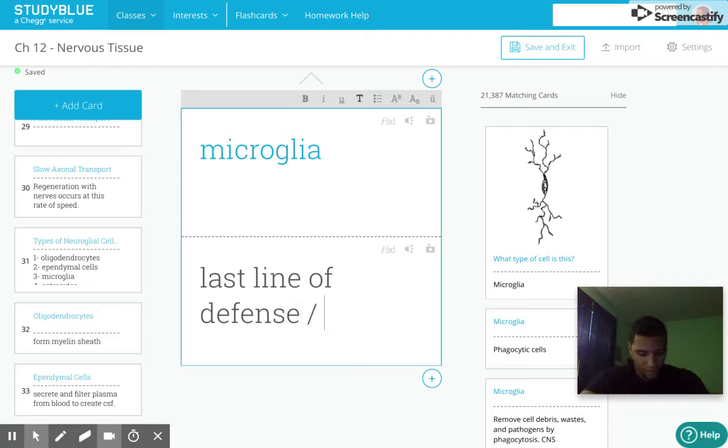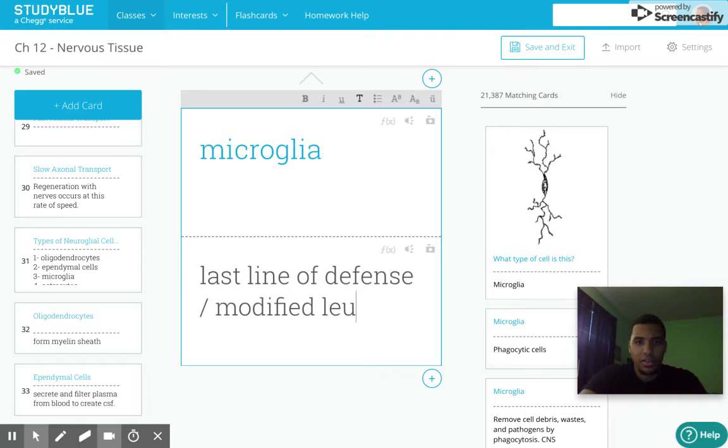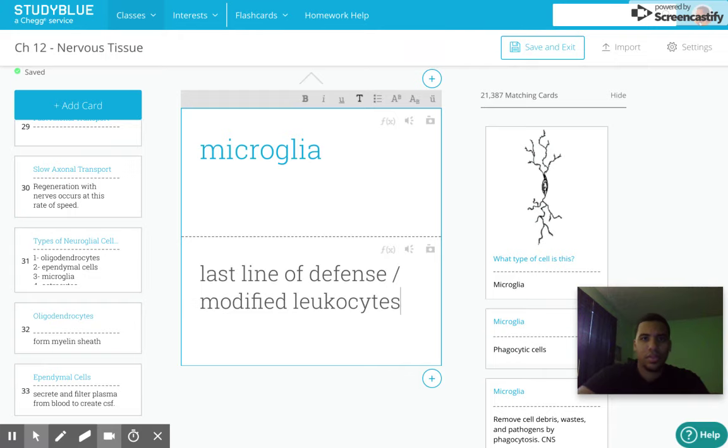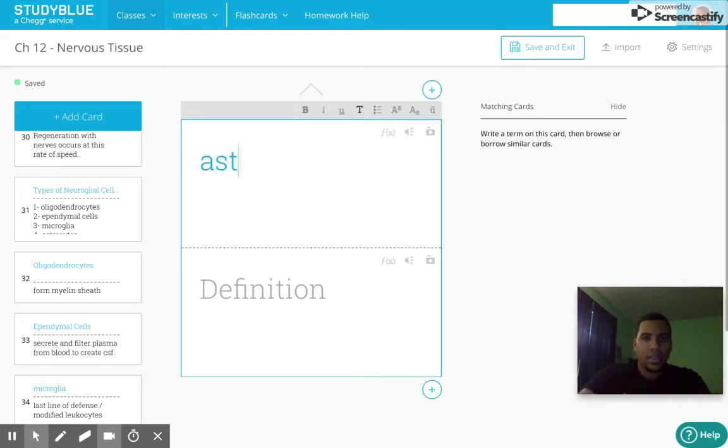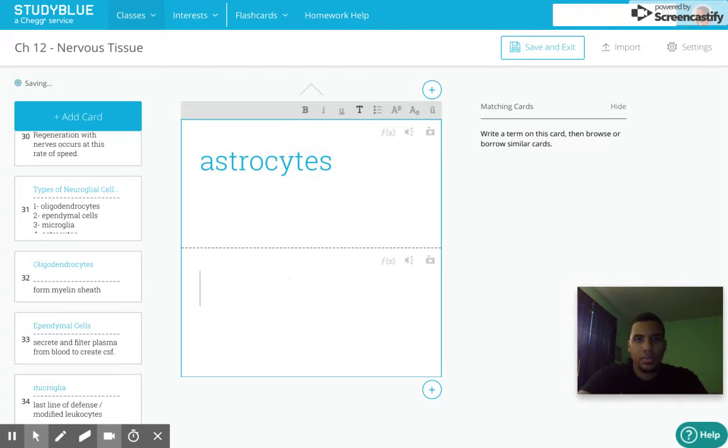So that's slide 12-30. I'll put here modified leukocytes. And astrocytes, most abundant in CNS.